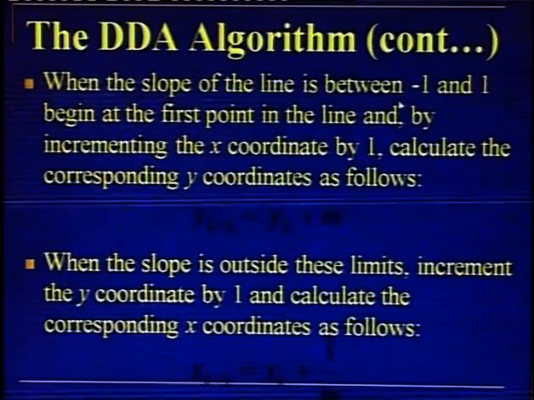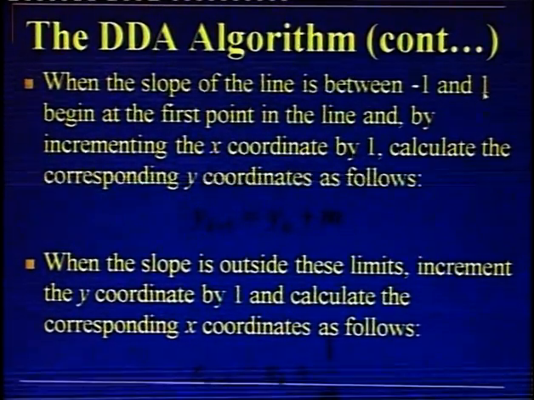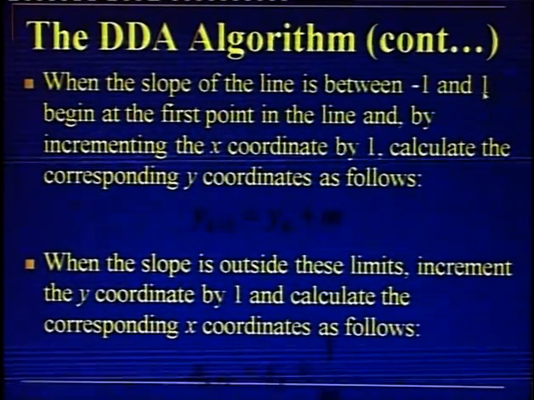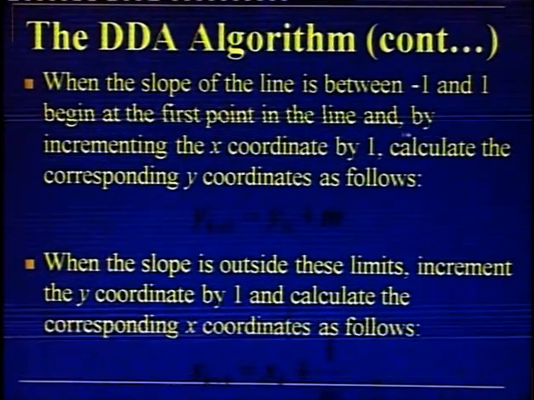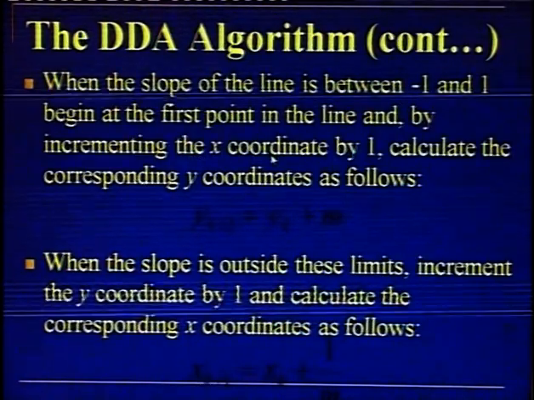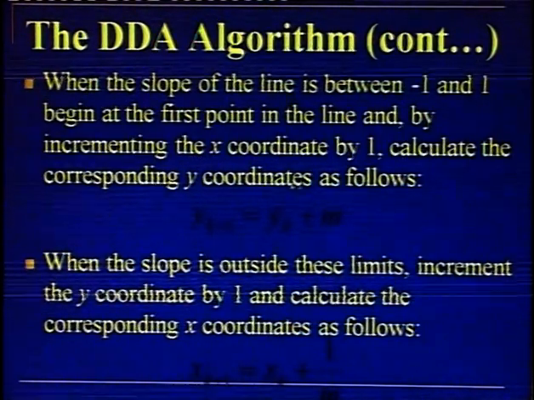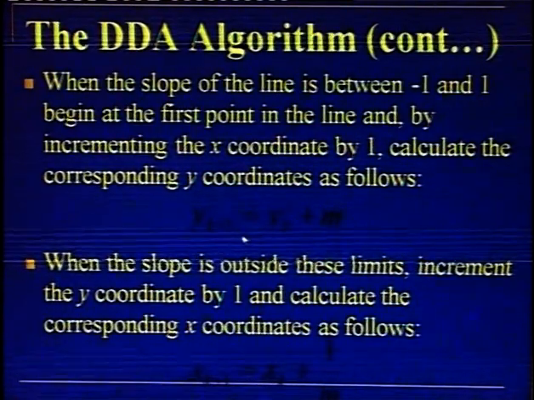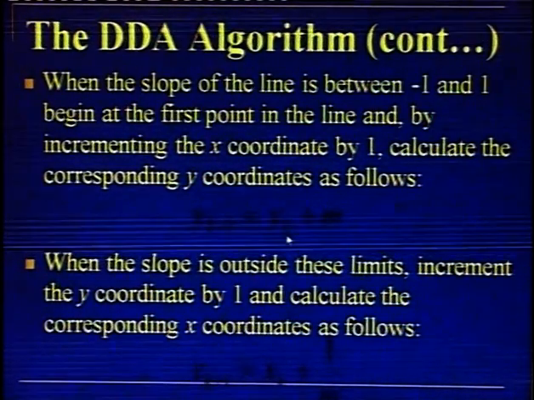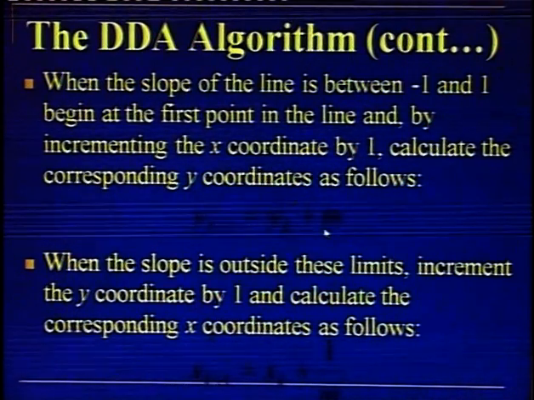When the slope of the line is between -1 and 1, begin at the first point in the line and, by incrementing the x coordinate by 1, calculate the corresponding y coordinate as follows. With this equation, the next y coordinate yk plus 1 can be found as yk, the previous value, plus m.